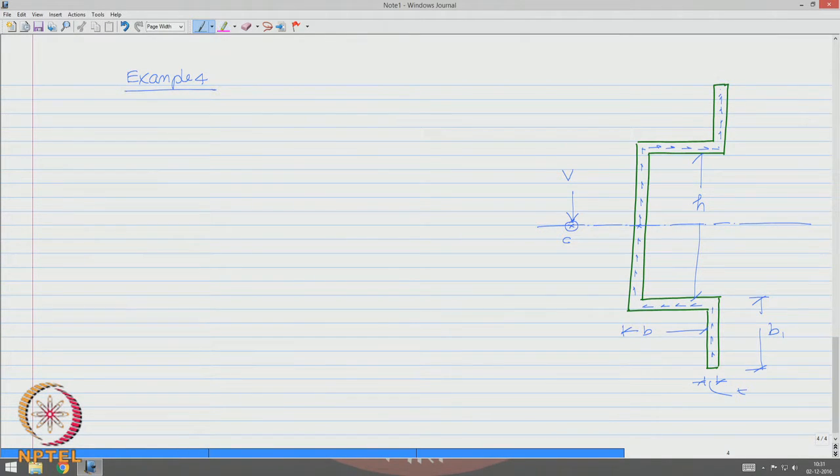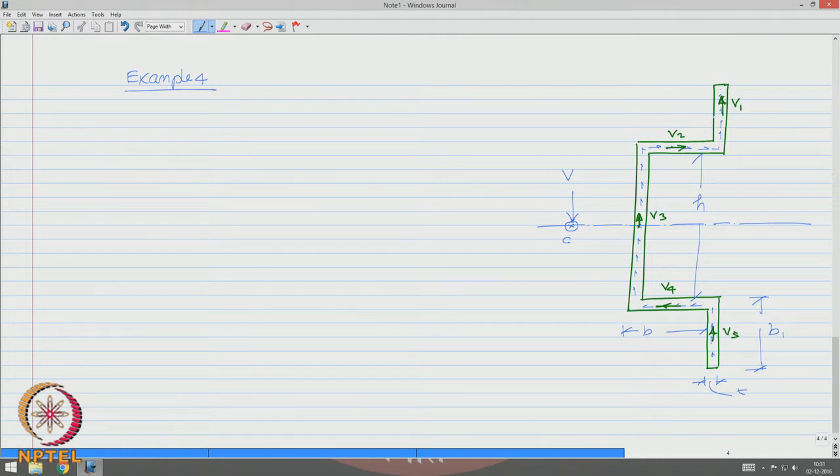Let us call this net resultant as V 1, this net resultant as V 2, V 3, V 4 and V 5.